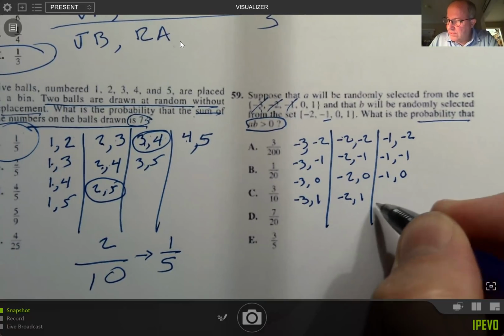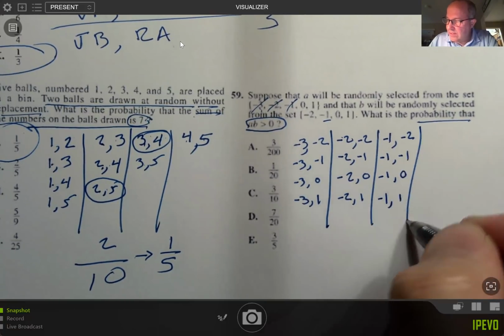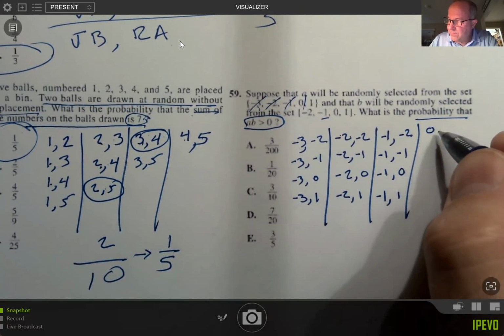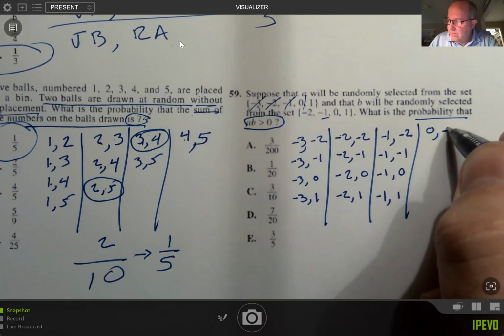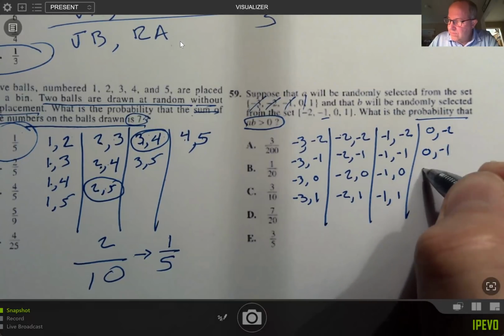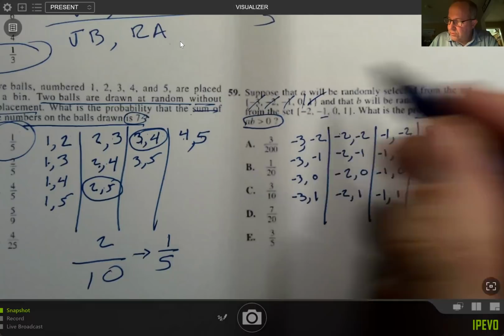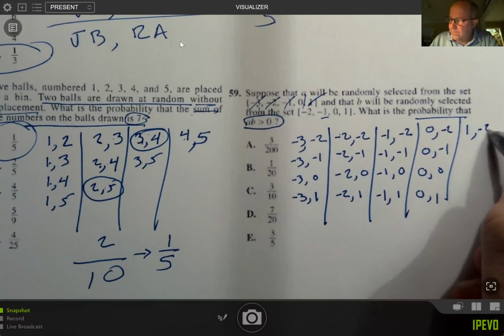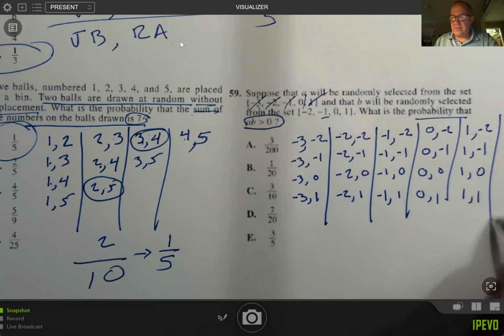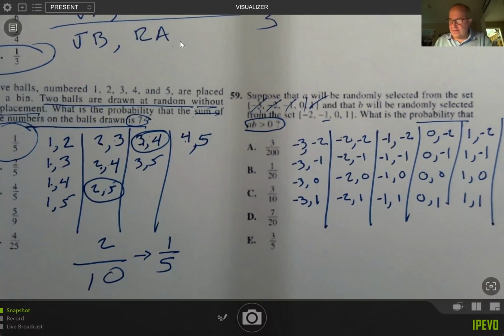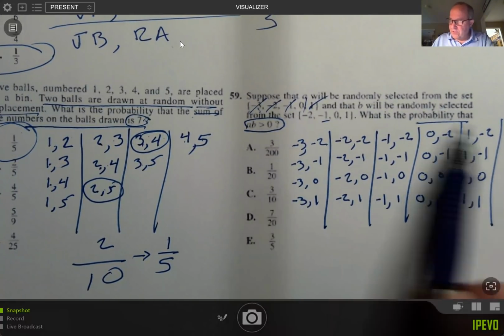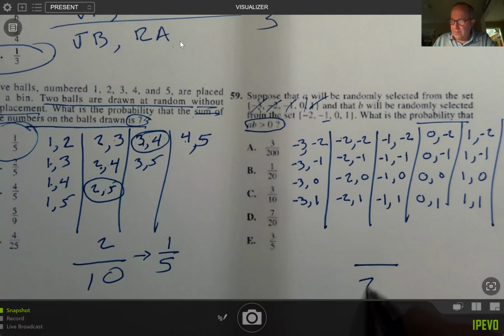Hopefully by the time we have this written out, you'll see why writing these out, I think, is the way to go. And then the last one, 1. Okay, those are all the possibilities. And if I count all those up, right, there's a total of 20 of them.